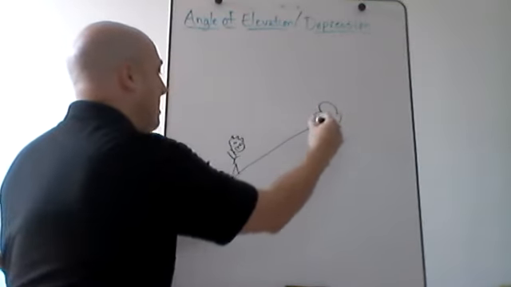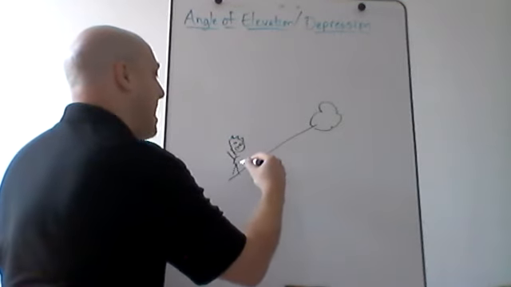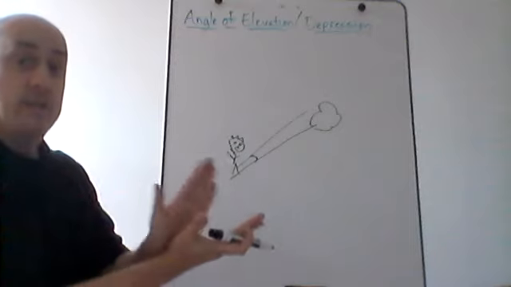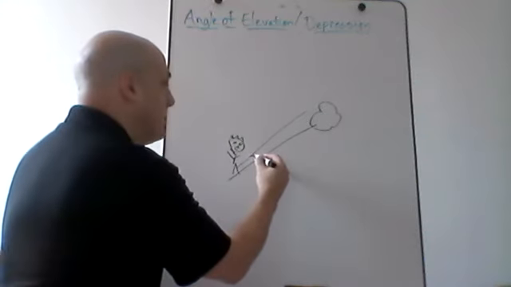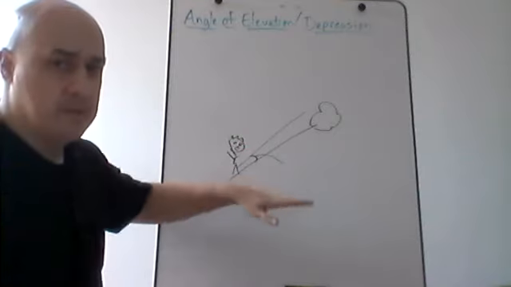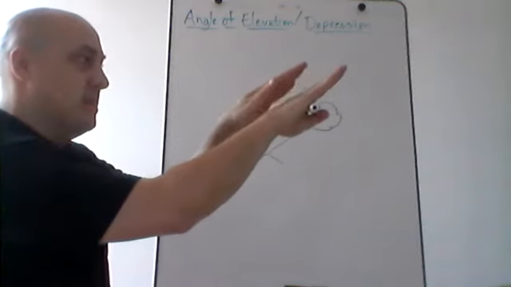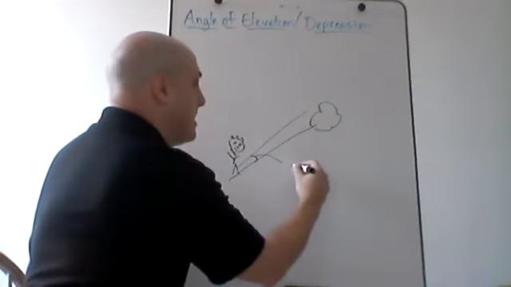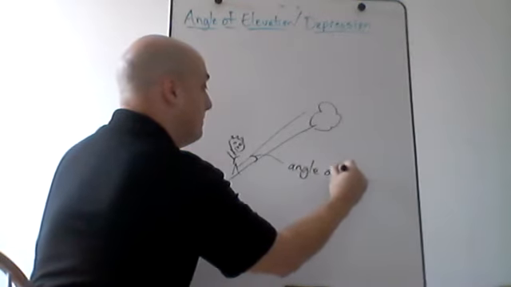We define the angle not in terms of the horizontal, but in terms of the hill itself. So this angle between the hill and where we're looking, and it's a horrible picture, just think of it as the slope of the hill, and then I'm looking up from the hill. We call that the angle of inclination.